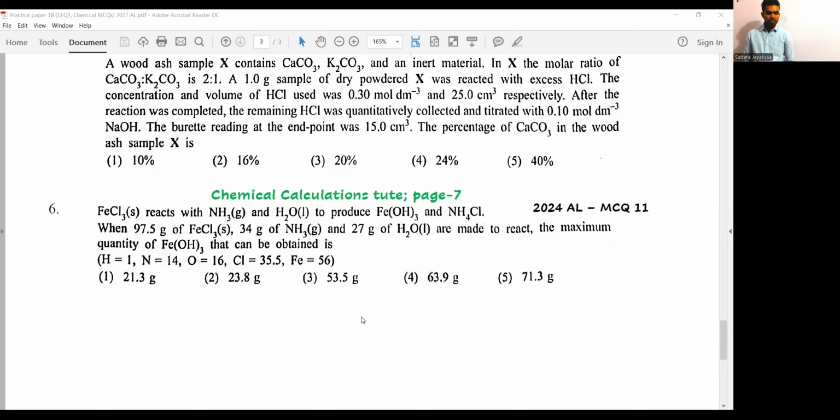Okay, now let's go to question number 6. I'll put the question data on the board. It says FeCl3 reacts with NH3 and water to form Fe(OH)3 and ammonium chloride.